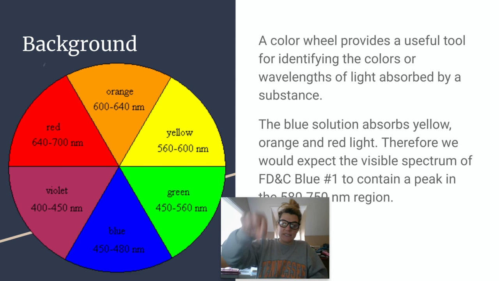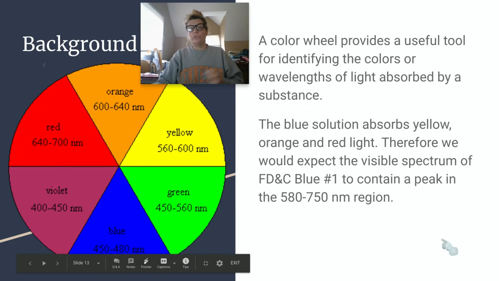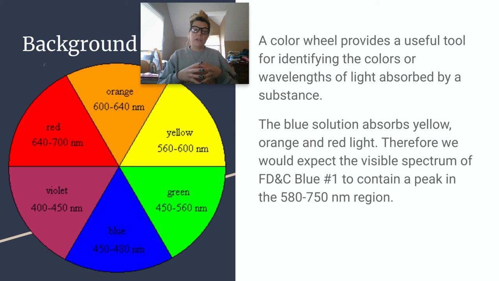So light goes into the substance, blue comes out and is transmitted to my eyes, and red, orange, yellow is absorbed into the sample. Like I'm saying, a color wheel provides a useful tool for identifying the colors or wavelengths of light absorbed by a substance. So the blue solution absorbs yellow, orange, and red light.